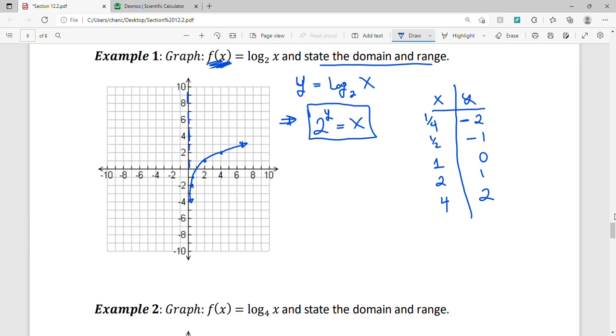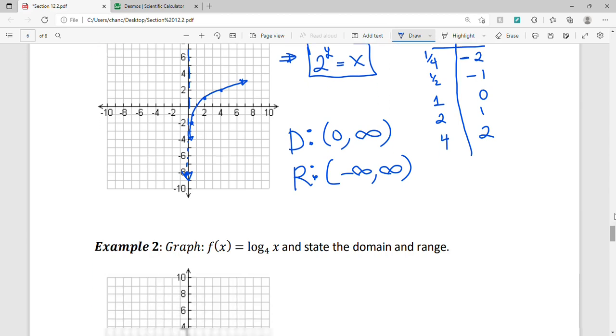It actually has a vertical asymptote. So we have a vertical asymptote for this logarithmic function with a base of 2. What is the domain? This function goes to the left to 0, but it does not touch 0. It gets closer and closer to this vertical line, but it doesn't touch it. It goes to the right forever. For the range, it's from -infinity to infinity. It goes down forever and up forever.